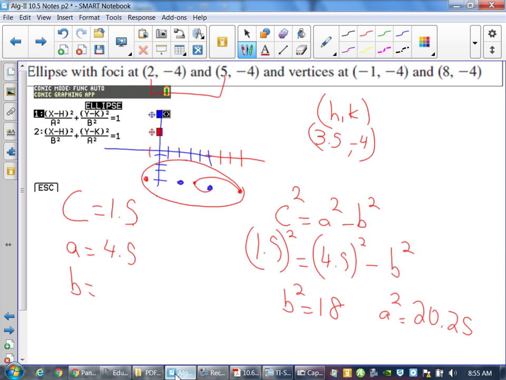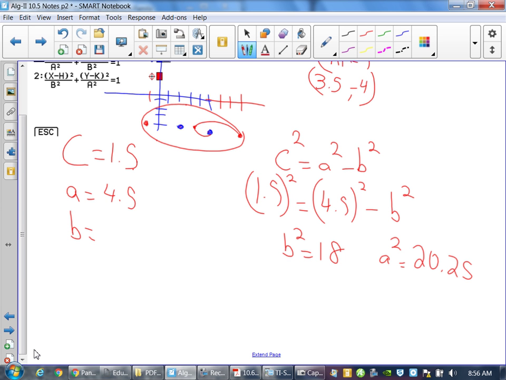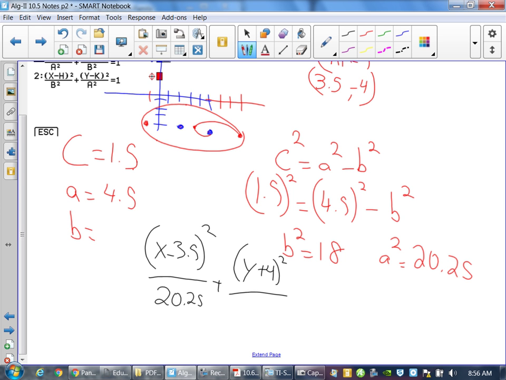Any questions? Let me just wait a minute. So we get x minus 3.5 squared over 20 1/4. And there's your equation.